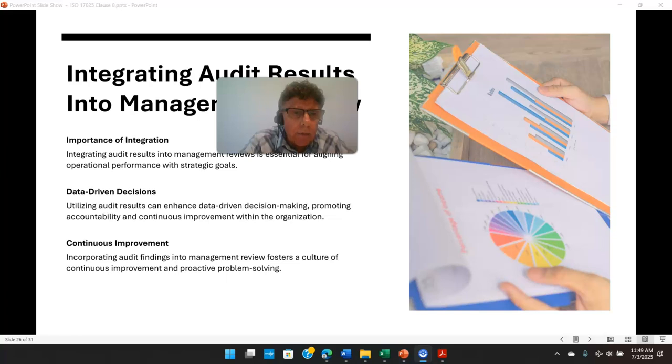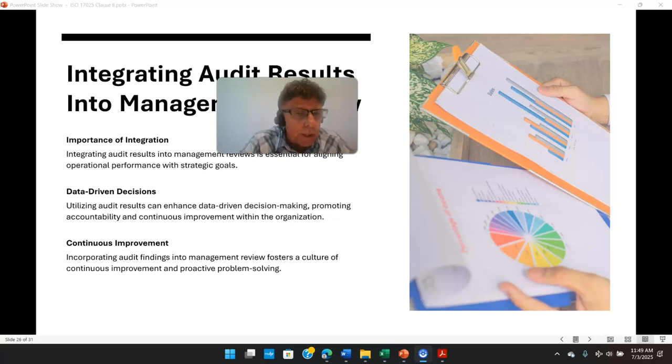Because the way you implement your internal audit will basically be the outcome of your external audit by your accreditation body. If you generate nonconformities in your internal audit and you take care of them, and you've audited all the clause elements of the standard, you're more likely to get fewer nonconformities during your external audit.